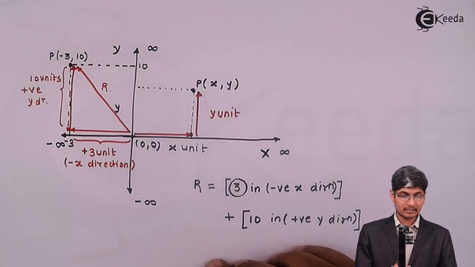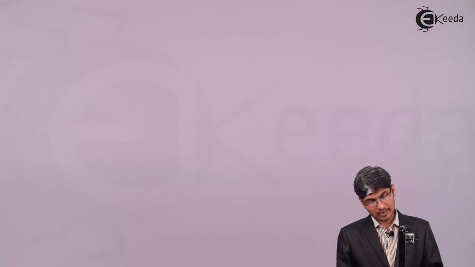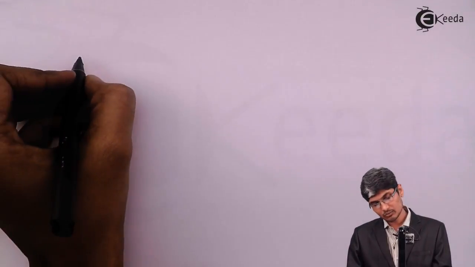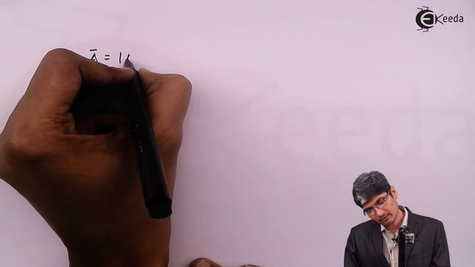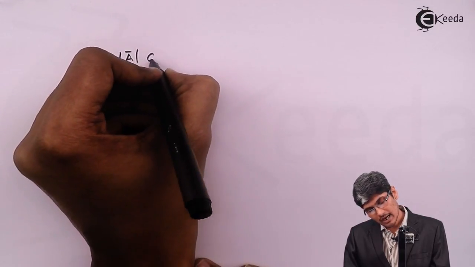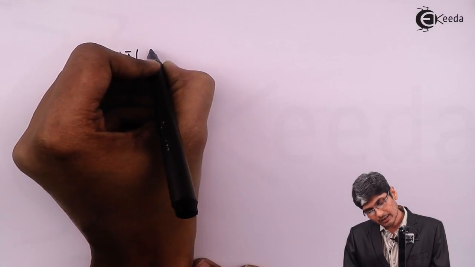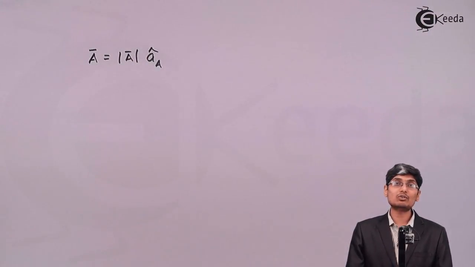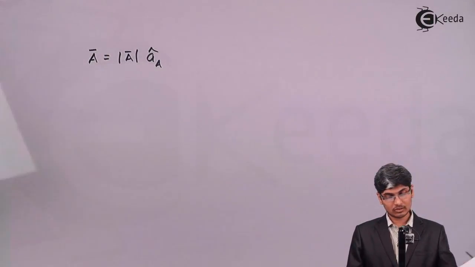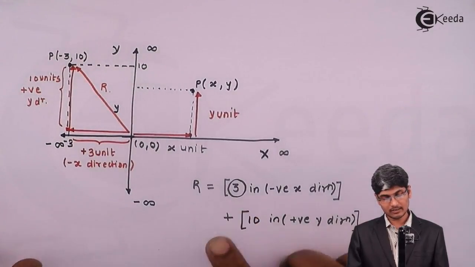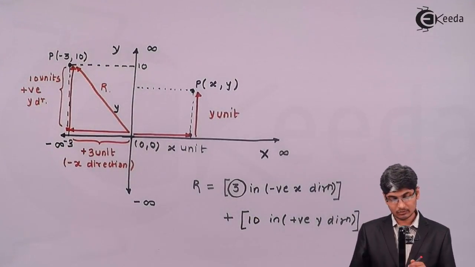So to complete this, we know that we represent a vector with its magnitude and a direction. And for direction, which vectors do I use? We use unit vectors. So I can represent this resultant in this way.